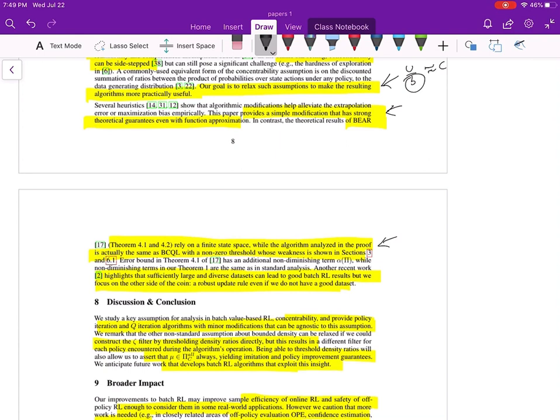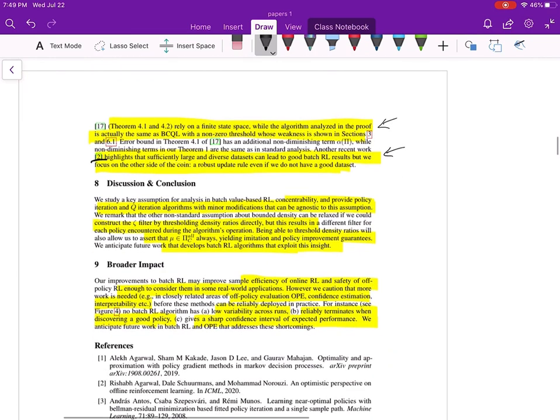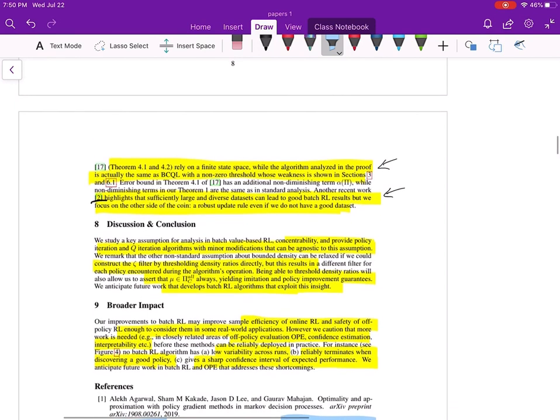Also, recent work highlights that a sufficiently large, diverse dataset can lead to good performance. Okay, this is Rishabh Agarwal's ICML work.